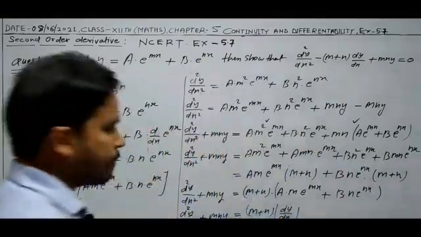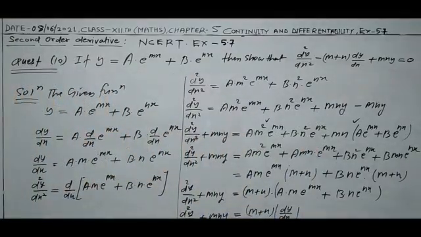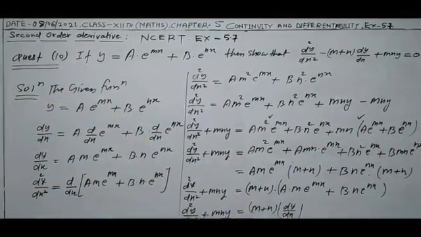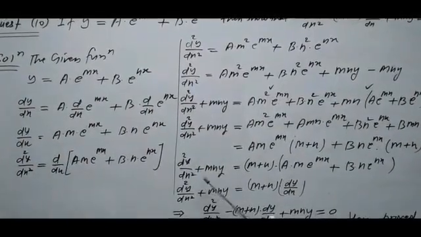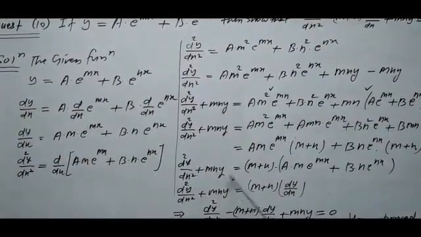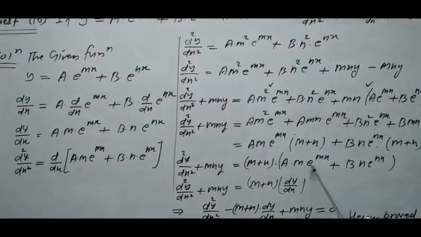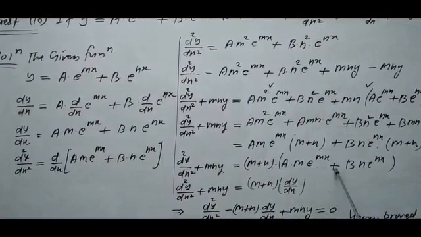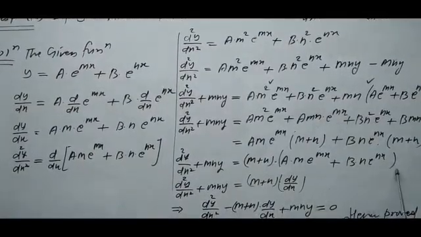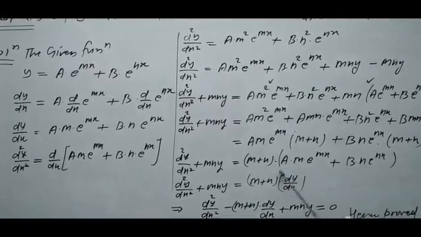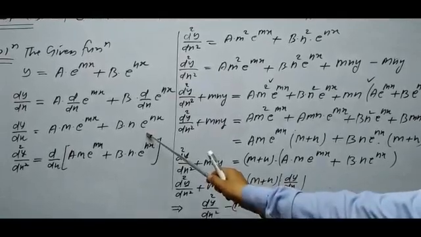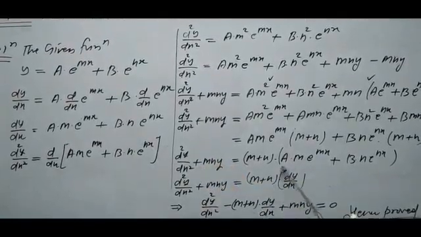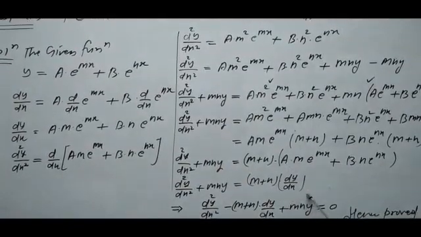This can be written as, now see the proof, d2y by dx2 plus mny is m plus n times a into m e to the power mx plus b into n e to the power nx. This is the value of dy by dx. So at the place of this term you can put dy by dx.